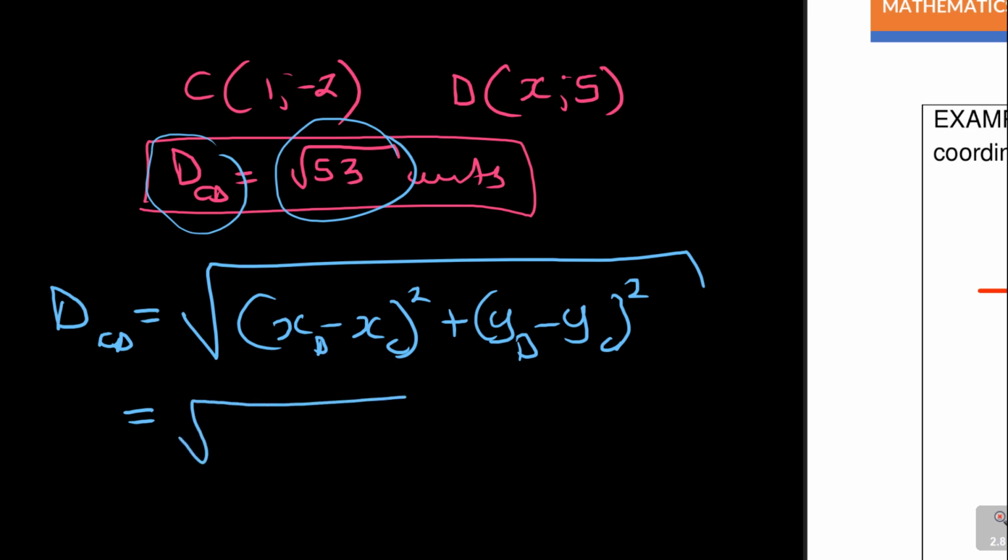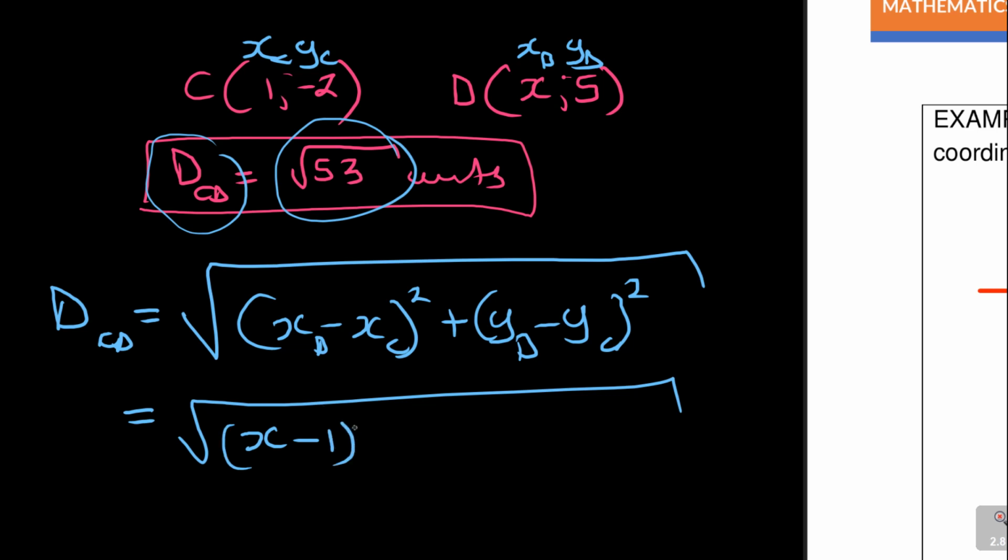Look at it, square root of xd. So you come here and say, this is my xd, this is my yd, this is my xc, my yc. So xd will be x minus xc. Look, it will be 1 there, right? Then you square, plus yd, which is 5 minus yc, say minus 2, squared. Are you seeing that?